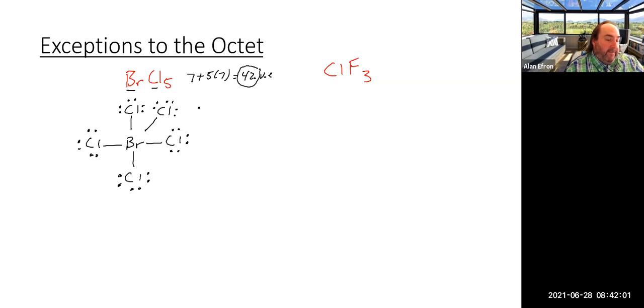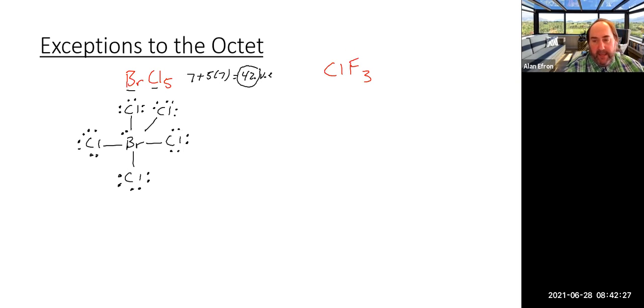Just like we did before, after we fill up everybody on the outside, which clearly we have at this point, those 2 electrons then go to the center atom. And they are placed on there as pairs, so lone pairs. So again, following the same procedure: single bonds, filling up all the outside ones with 8 electrons.